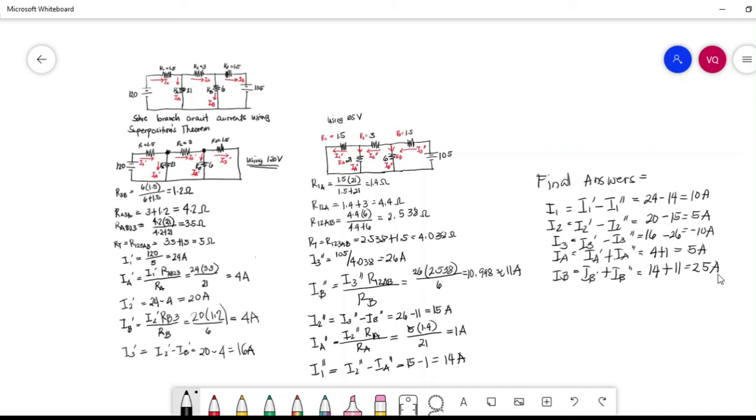IB here is 4 pala. So, 4 plus 11 is equal to 15 amperes. This is 15 amperes. So, kahit anong theorem yung gamitin mo, Kirchhoff's, Maxwell, superposition, they have the equal final answers.